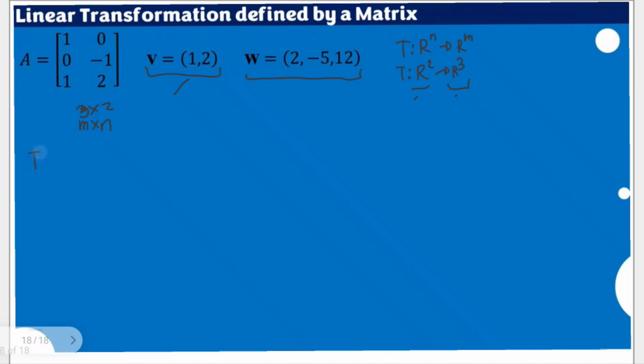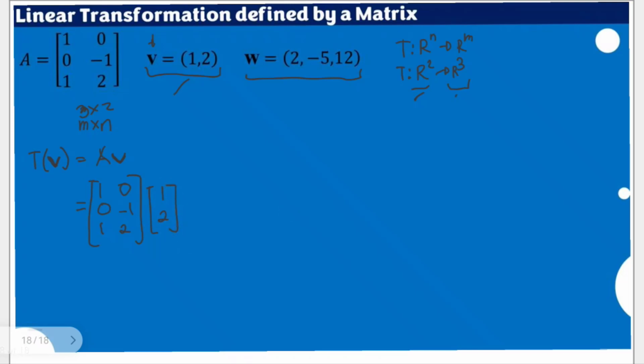We have here the linear transformation of the vector V. We use vector V because it is clearly part of the domain, since it's in R2. It is equal to the product of your matrix A and the same vector V. So we substitute our matrix A: 1, 0, 0, negative 1, 1, and 2, to be multiplied with our vector V, which is 1 and 2.